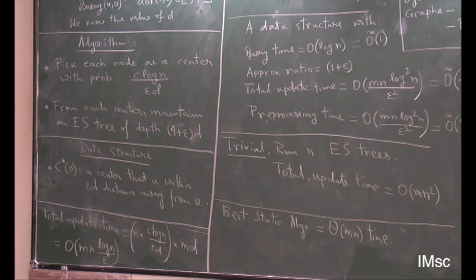So the max distance is n. There will be a center at a distance at most nd by C log. No, I do not get it. You need to have the center within epsilon d distance away, right?